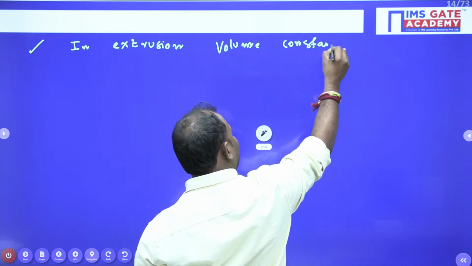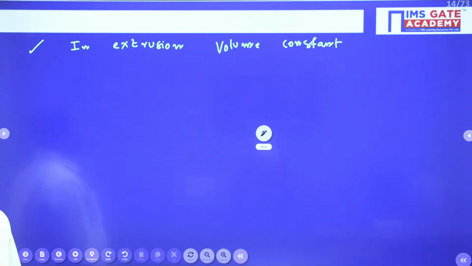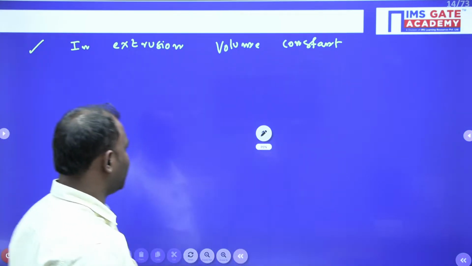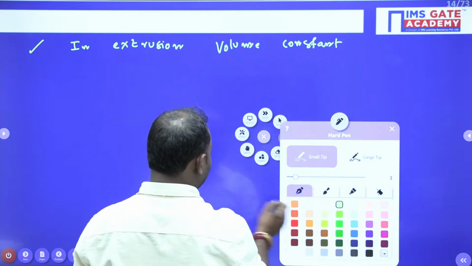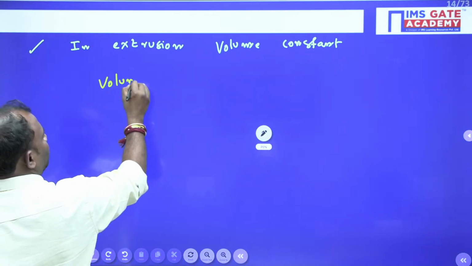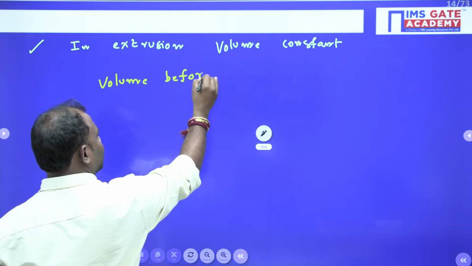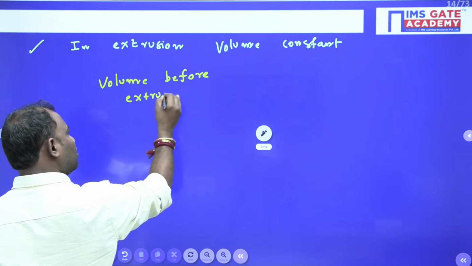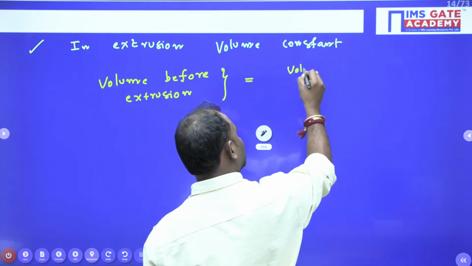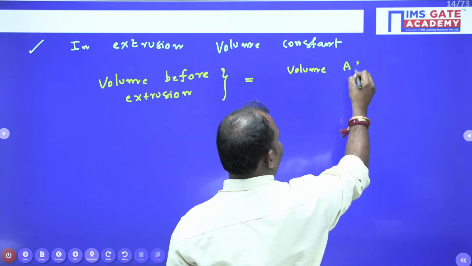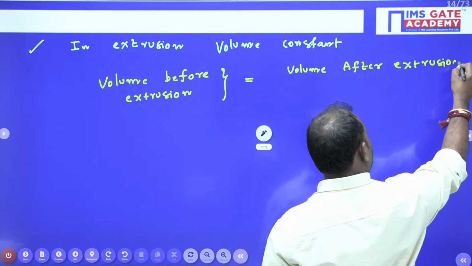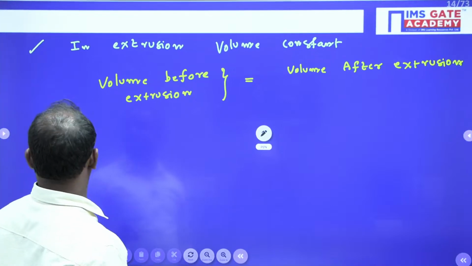Not only extrusion, wire drawing, rolling, forging and other metal forming processes also have constant volume. Suppose I write: volume before extrusion is equal to volume after extrusion.